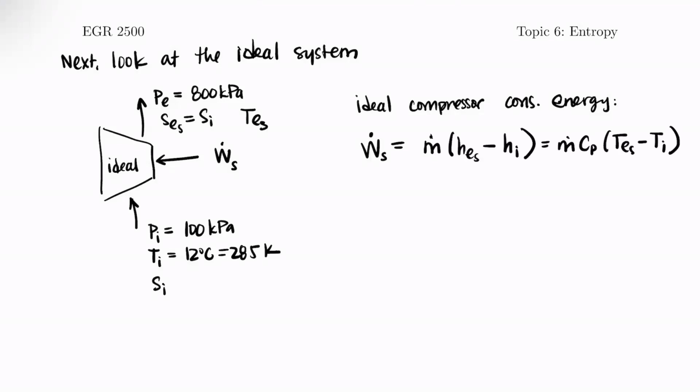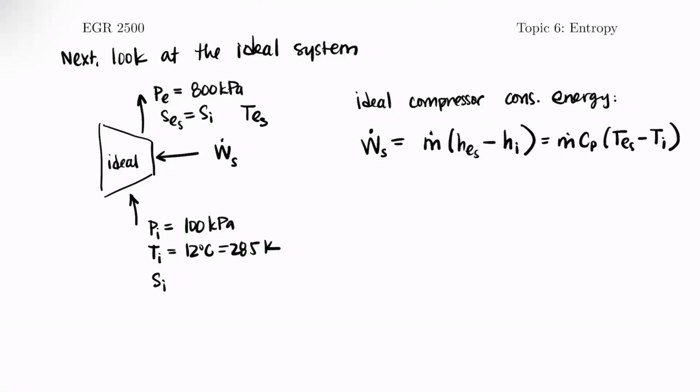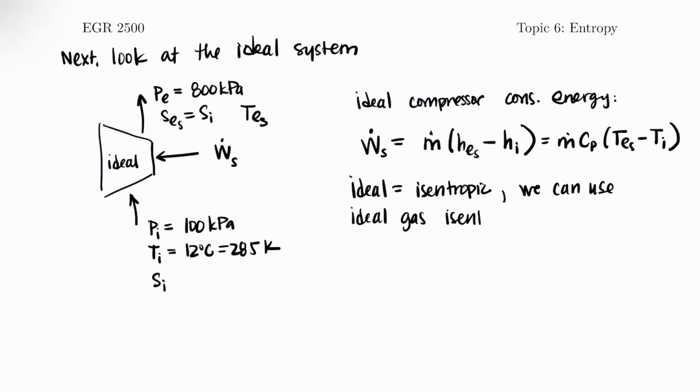Okay. So since this is isentropic, so ideal equals isentropic, we're going to use our ideal gas isentropic relations to find TES.